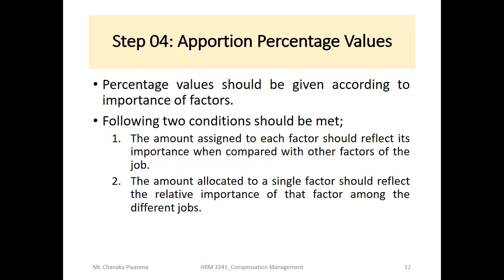Then we need to identify the weight of these factors. Then the following 2 conditions should be met. The amount assigned to each factor should reflect its importance when compared with other factors of the jobs.